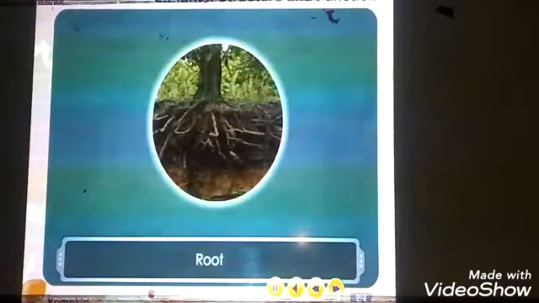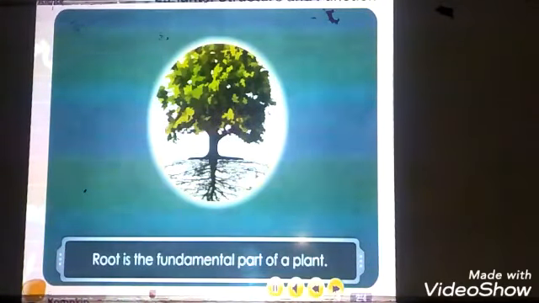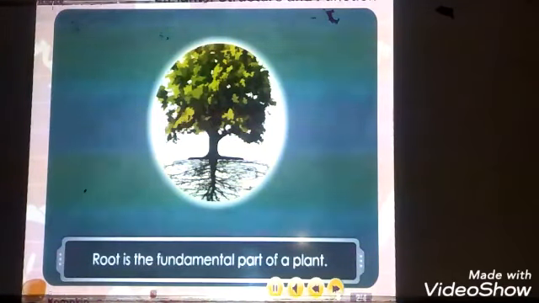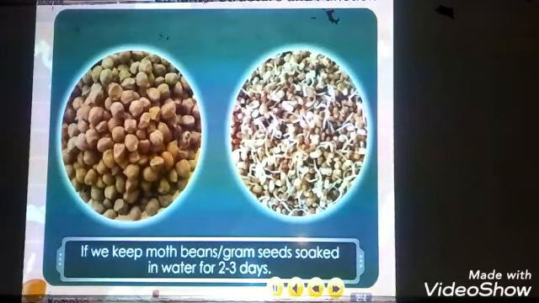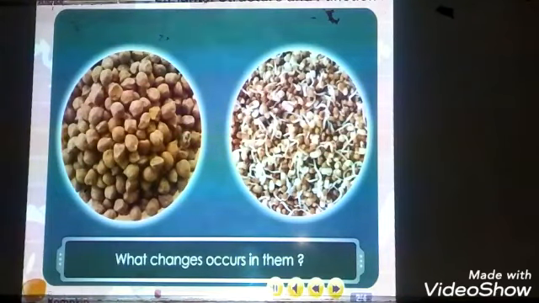Explanation. Root. Root is the fundamental part of a plant. If we keep moth beans or a gram seed soaked in water for 2 to 3 days, what changes occur in them?